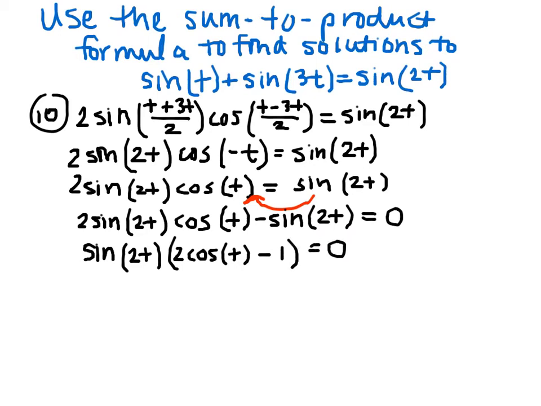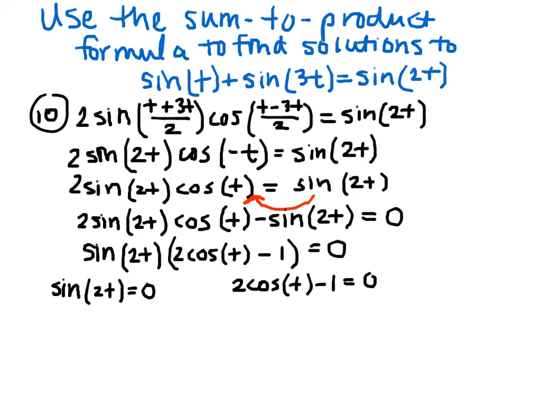That's equal to 0. Now we have a product on the left-hand side equal to 0, and so we set each expression, sine of 2t equal to 0, and 2 cosine of t minus 1 equal to 0, and we solve for t. Sine of 2t equal to 0.